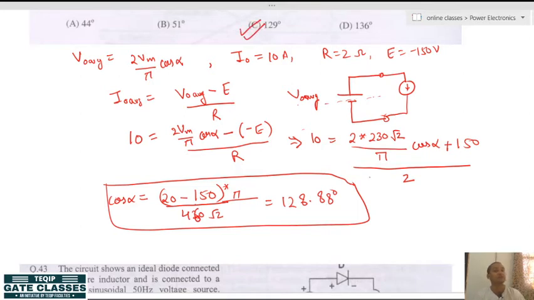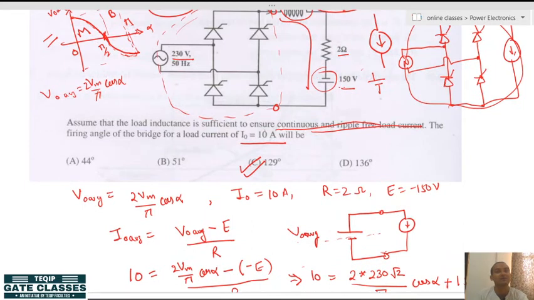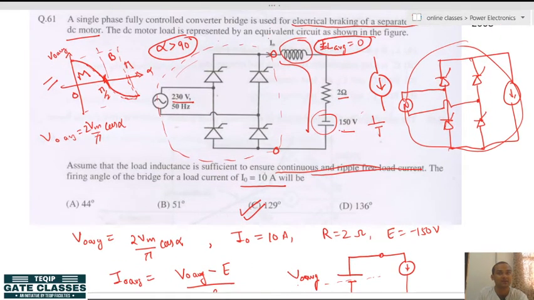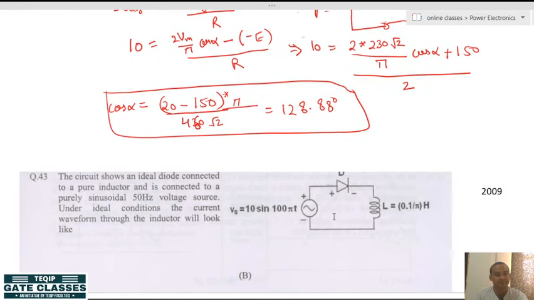So, you see that's how easy the question is. Alright. The only thing you have to know is that the average inductor current is 0. Hence, this whole circuit can be represented by this. This is called modeling of a circuit, alright.